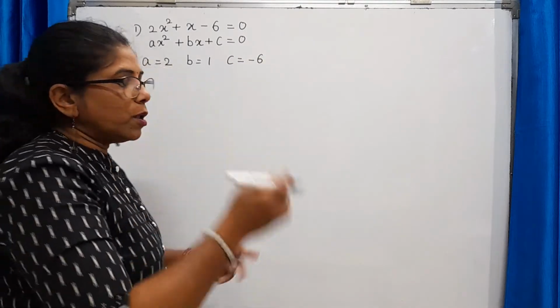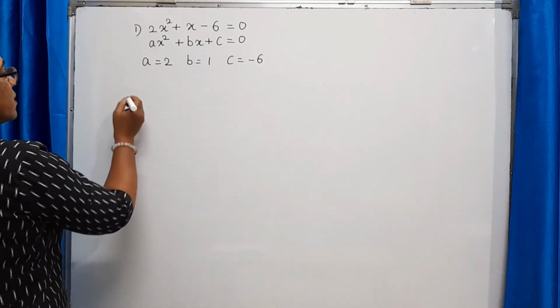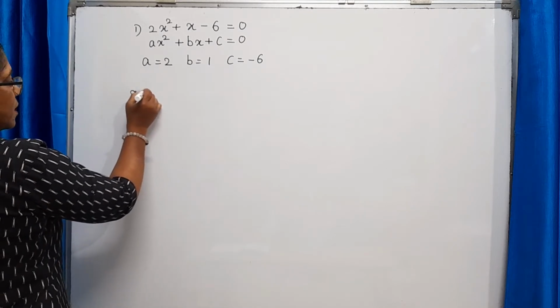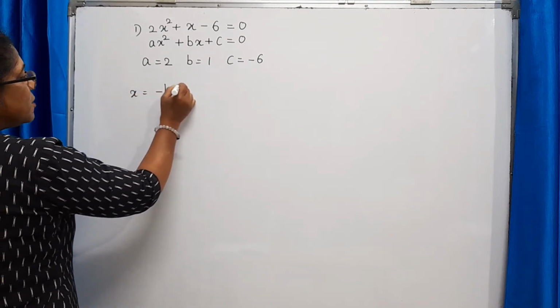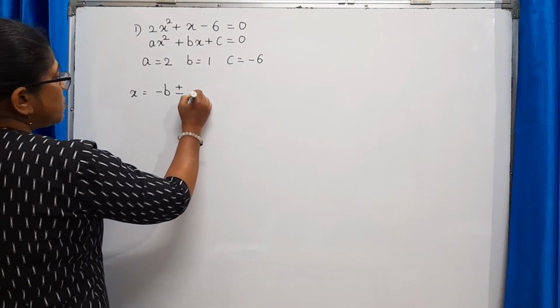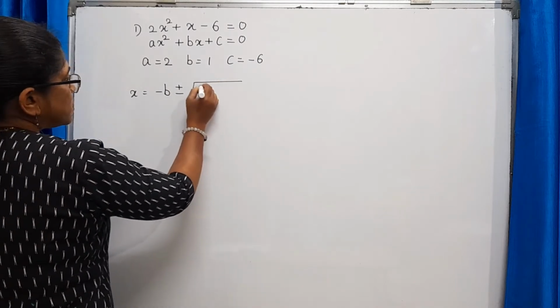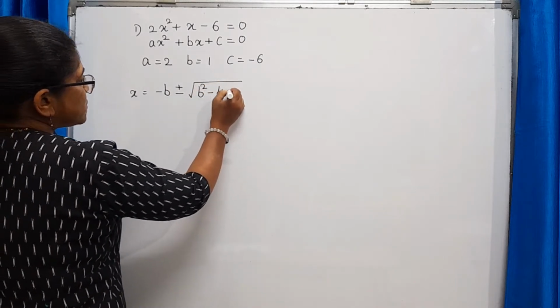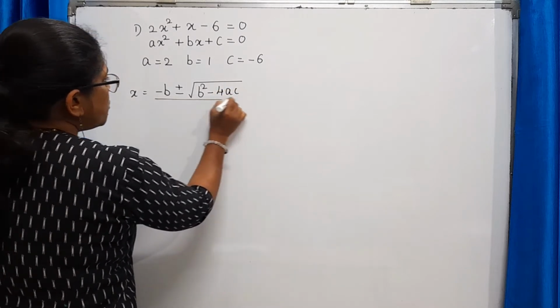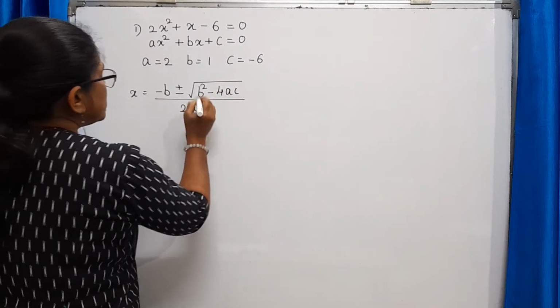Now what is our formula to find the value of the variable? Here x is given by minus b plus or minus root of b square minus 4ac upon 2a. Fine.